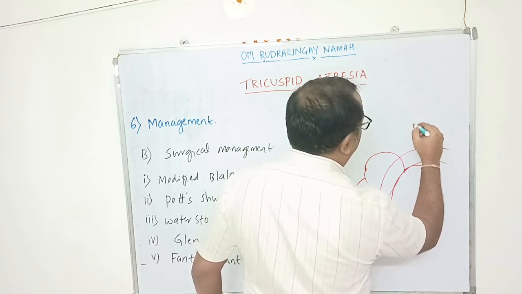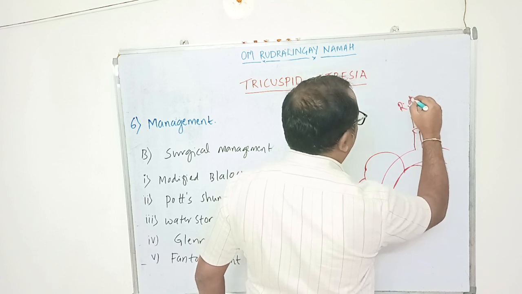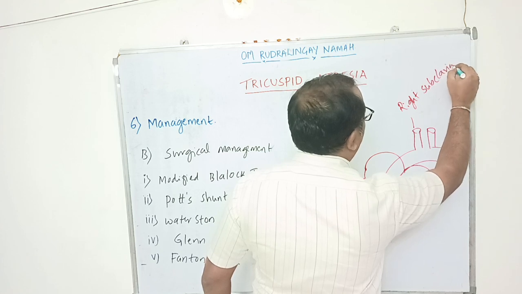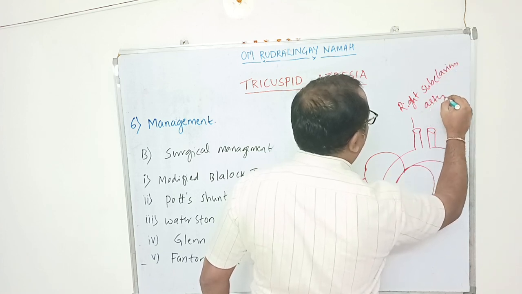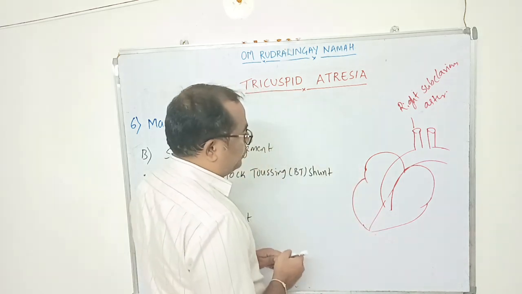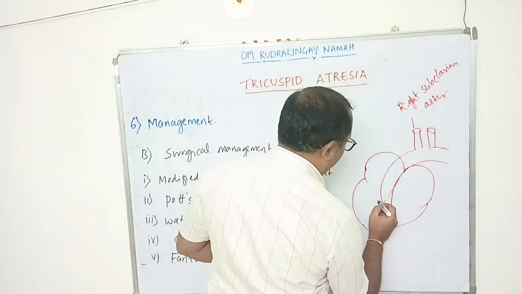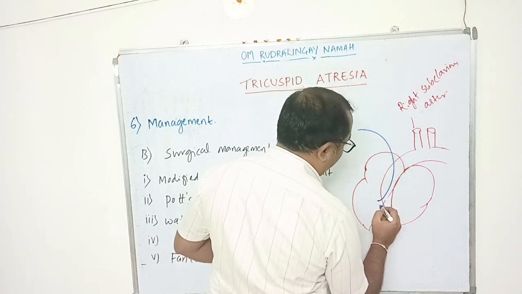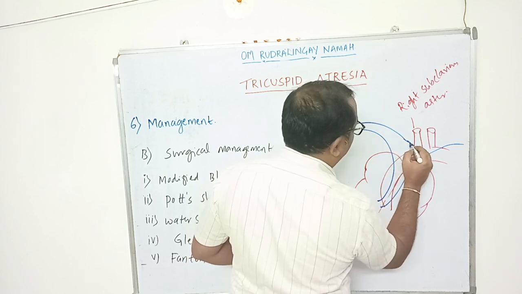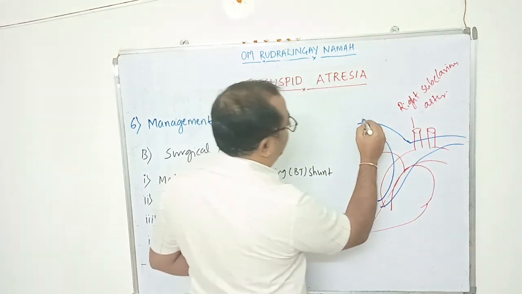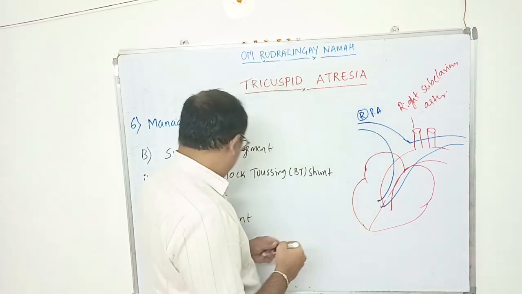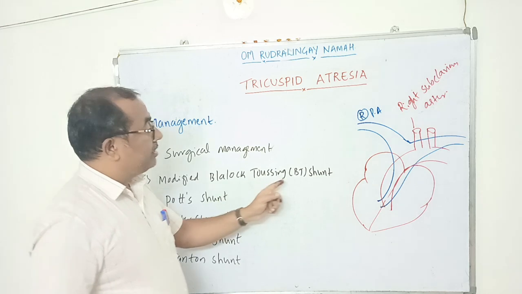So this is right subclavian artery. This is right pulmonary artery. Okay. So what you do in modified Blalock Taussig shunt?